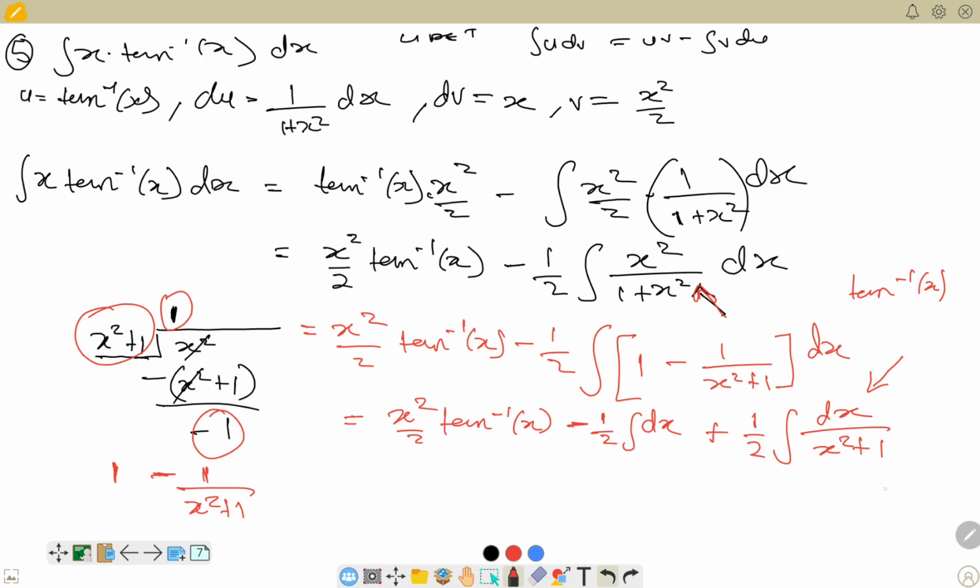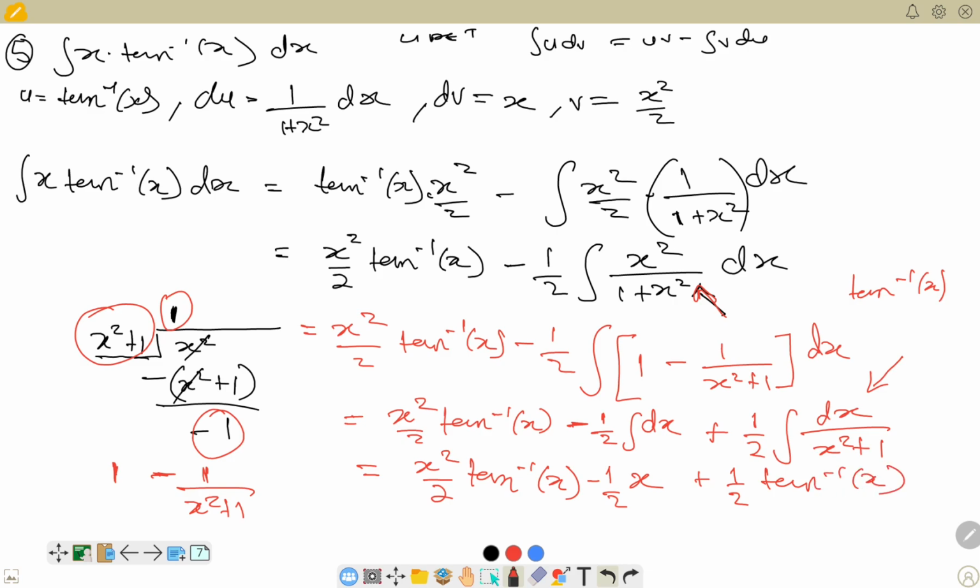It leads to arctan, and our a is 1, so it's just going to be arctan x. Then we have x squared over 2 arctan x here. Then we have 1 over 2 as a constant. When we integrate 1, we get x. Then we have 1 over 2 here. When we integrate there, we say that it is arctan x.